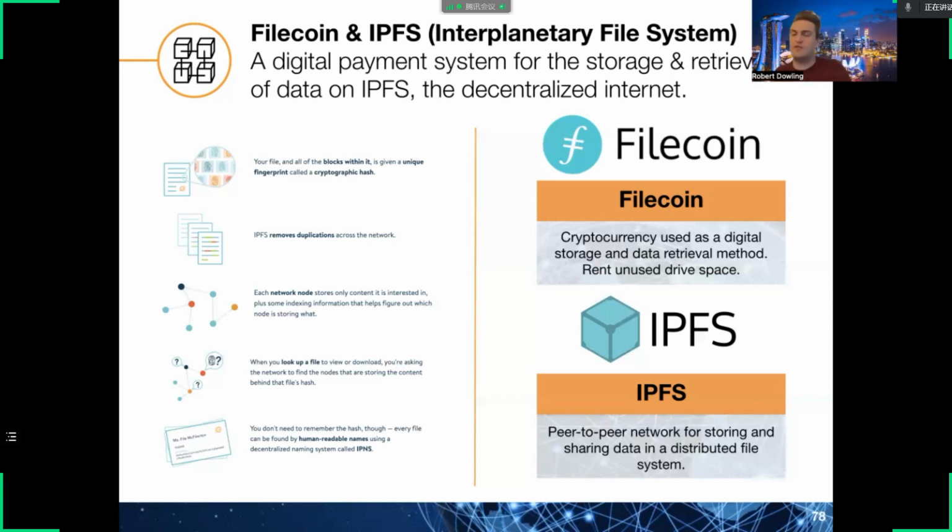The last thing I'll say about Filecoin IPFS that makes it compelling is, on the internet, we have the internet protocol, which basically indexes every website, every device, every file with their location. So you can have multiple copies of the same file at different locations.